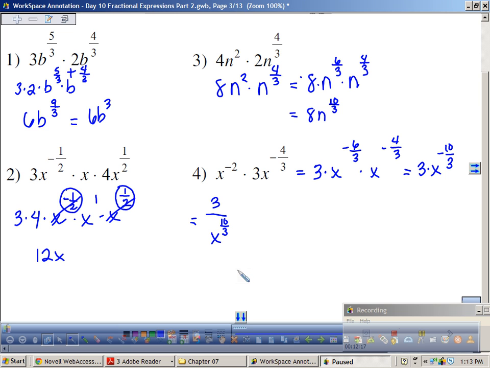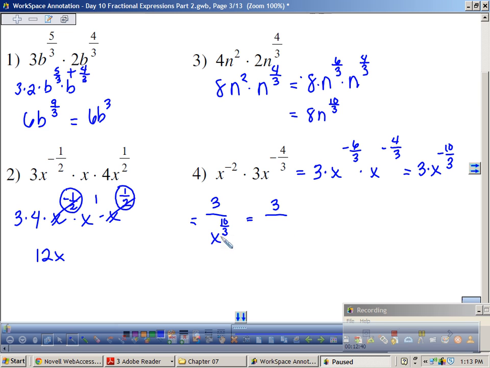which poses a problem. Why does this pose a problem? You can't have a fraction in the denominator, but more specifically, you can't have a radical in the denominator, and this is really a radical in fraction form. So I'm going to change it into radical form first, if that's okay with you.